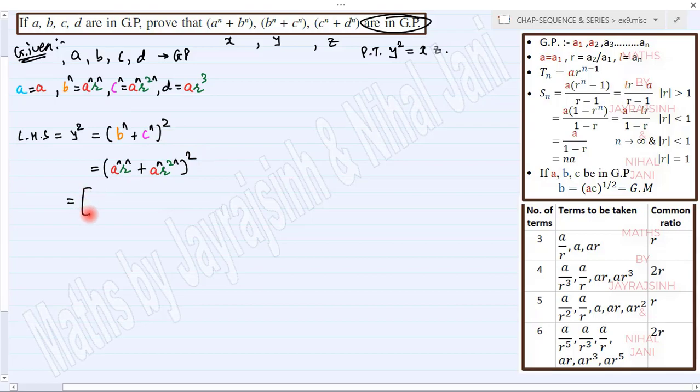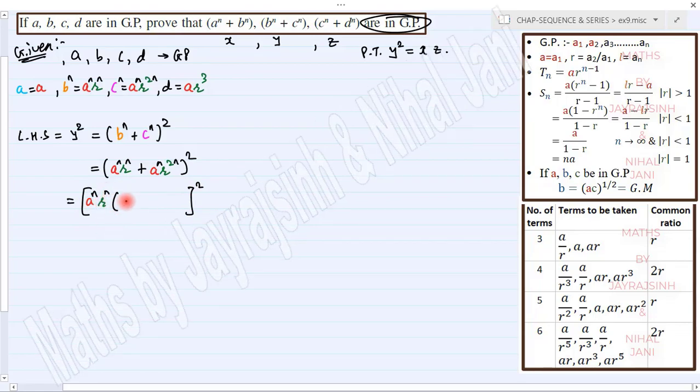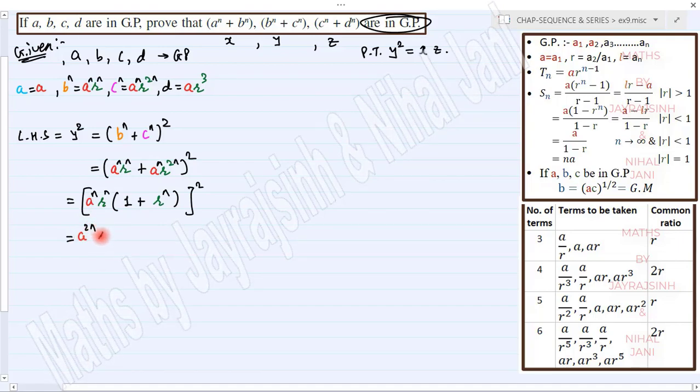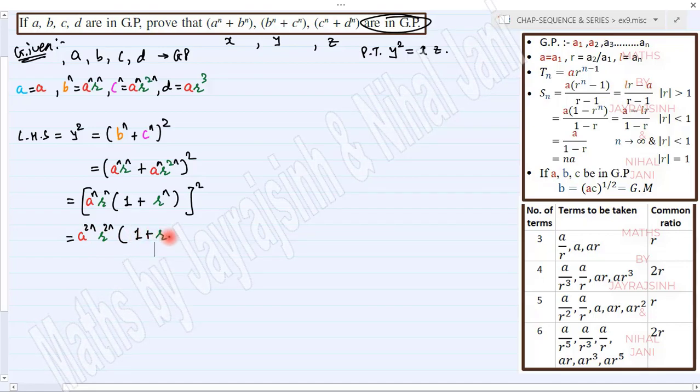So from the bracket we can take a raised to n and r raised to n common. So we'll get 1 plus r raised to n within the bracket, and if we apply square we will get a raised to 2n, r raised to 2n into 1 plus r raised to n the whole square.